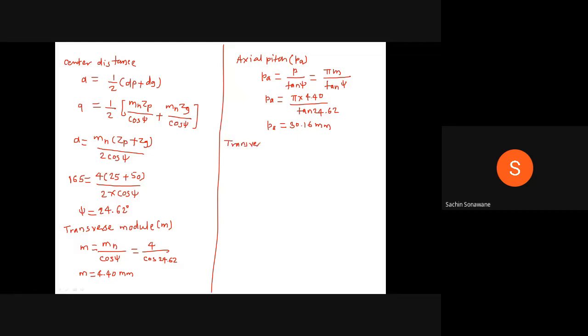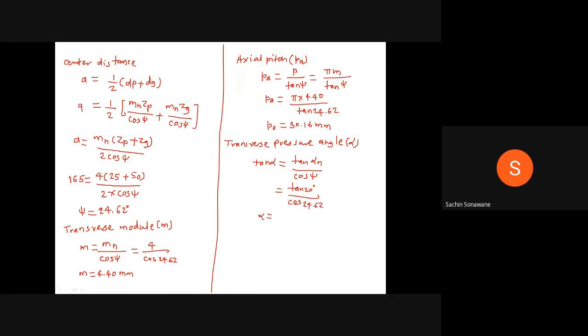Now we calculate the transverse pressure angle alpha. What is the formula? Tan of alpha is equal to tan of alpha n divided by cos of psi. Therefore, substitute the values. Tan of 20 divided by cos of 24.62.